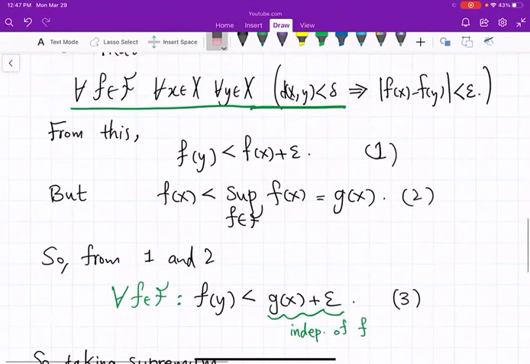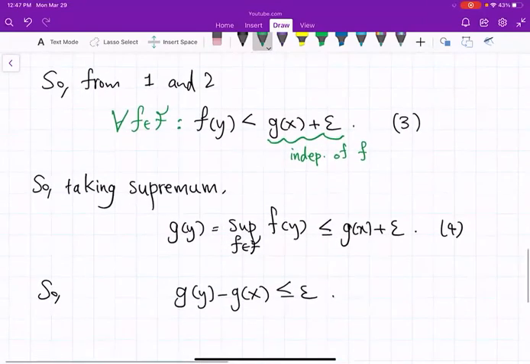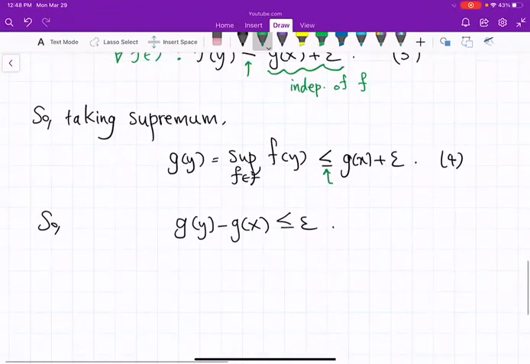So it all comes from this here, that these are not equalities. But when you take supremum, even if these are abstract inequalities, you still can get equality. So that's why we had to include the epsilon, the endpoint.